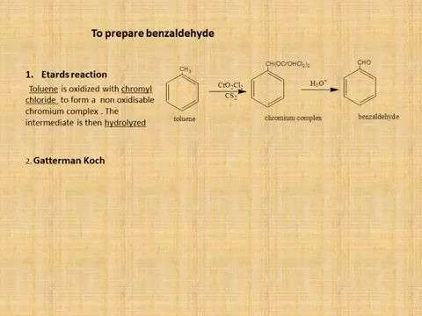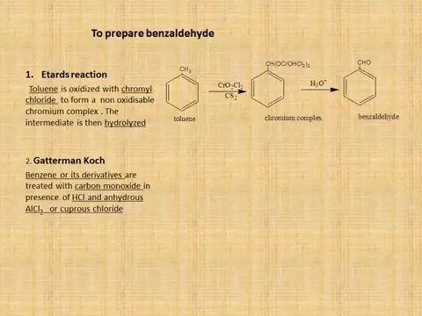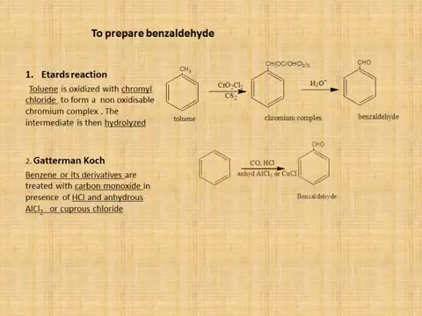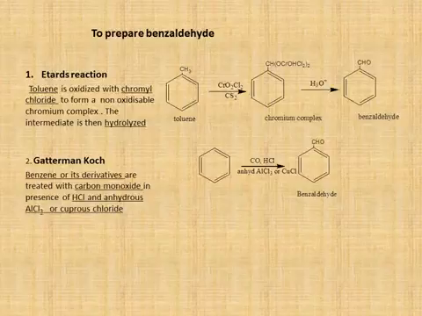In Gattermann-Koch reaction, benzene or its derivatives is treated with carbon monoxide and HCl. In presence of anhydrous aluminum chloride or cuprous chloride, a CHO group can be introduced on the benzene ring.